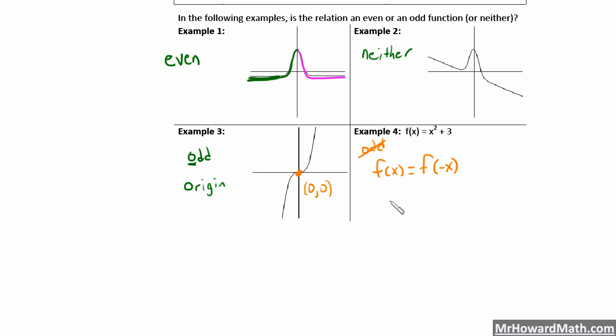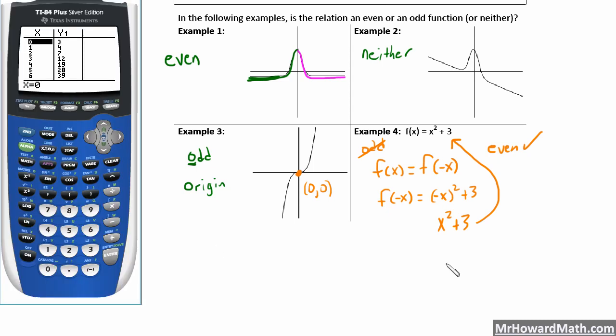So that would mean that f of negative x is going to be negative x squared plus 3. Remember, negative x squared just becomes x squared plus 3. So it does equal itself, right? It does equal this. So this one would be an even function. Even check.